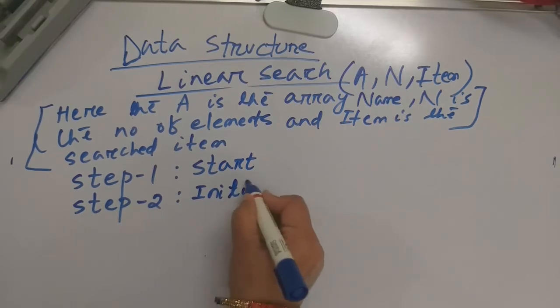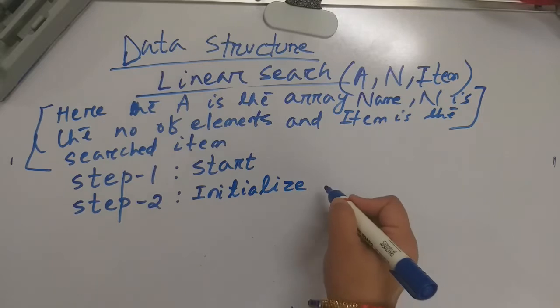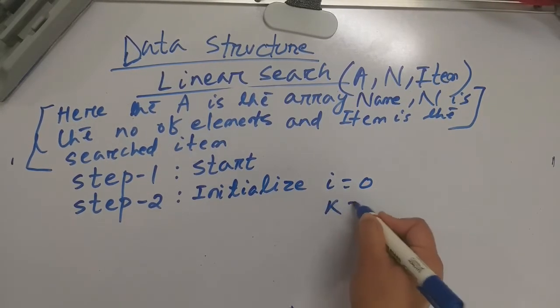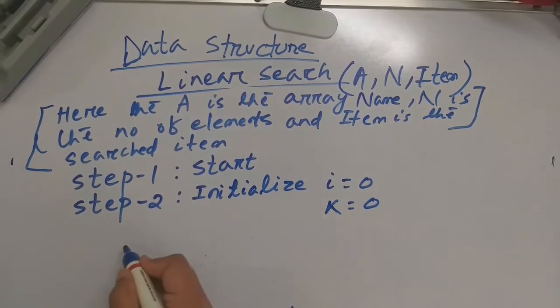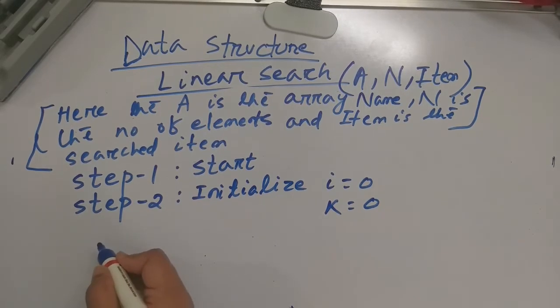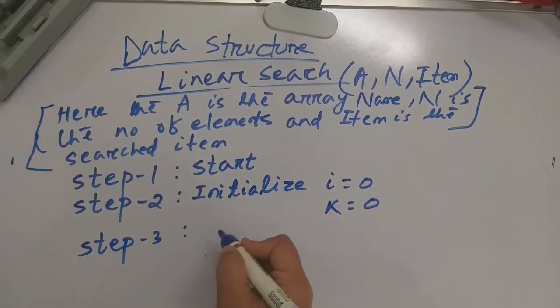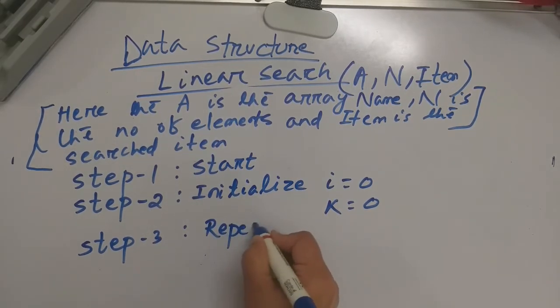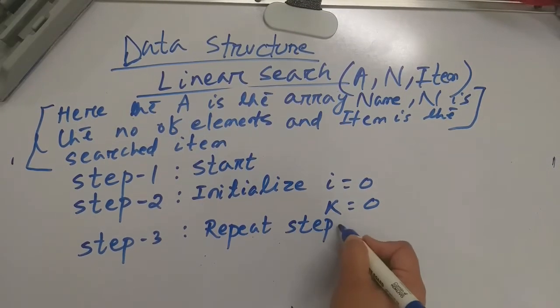Here we initialize the values: initialize I equal to 0 and k equal to 0. Okay, so we are taking two variables, I equal to 0 and k equal to 0. Then next in step 3, we write repeat step 4.